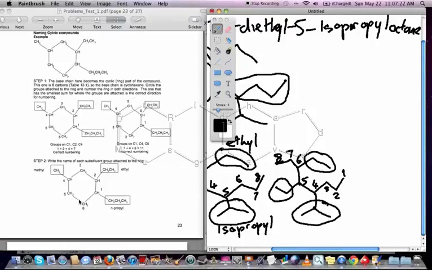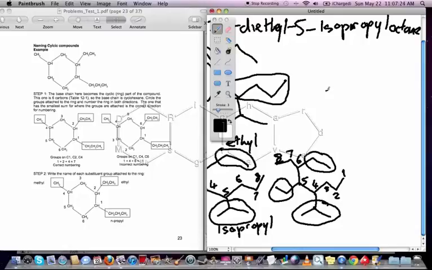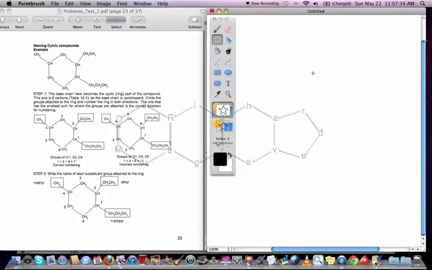Alright, let's look at a cyclic compound here. Let's look at this one as a line structure.